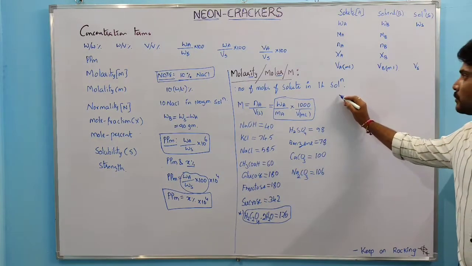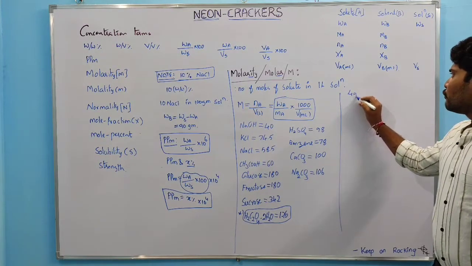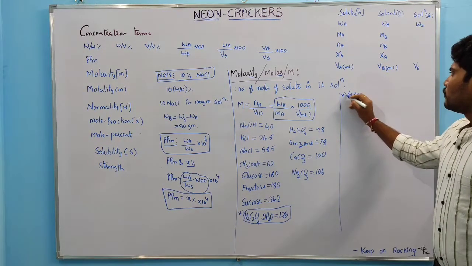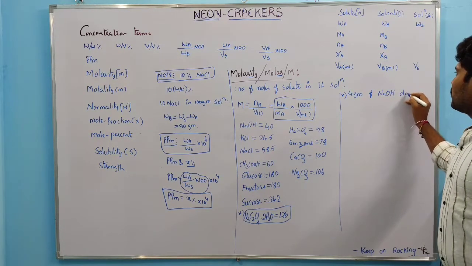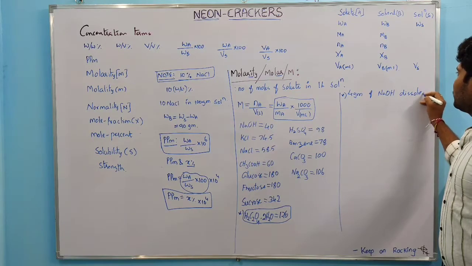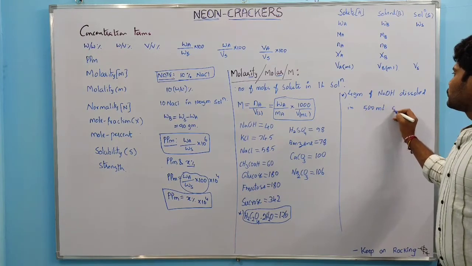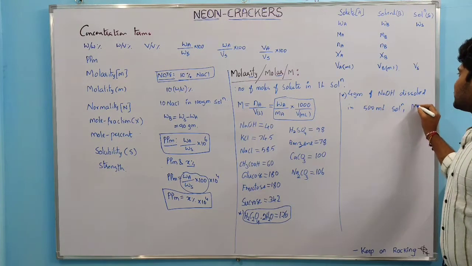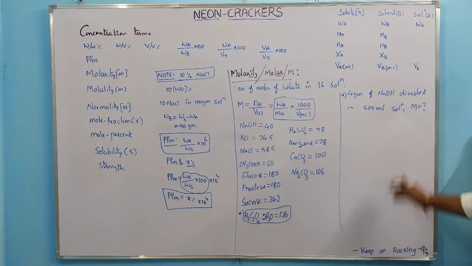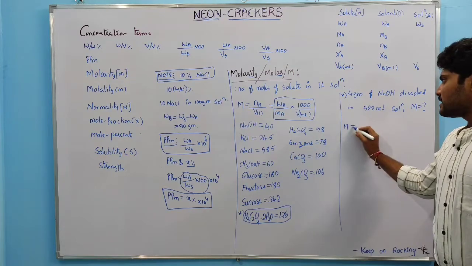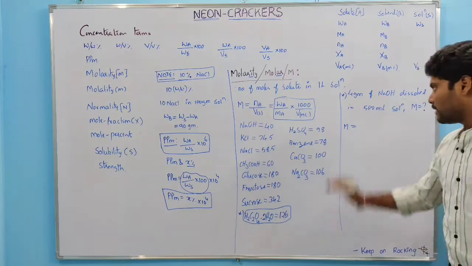Now let's see one example of molarity. For example, 4 grams of NaOH dissolved in 500 mL solution. So what is the molarity? Let's do it. What is the formula of molarity? Weight upon molar mass of the solute into 1000 upon V mL, right?